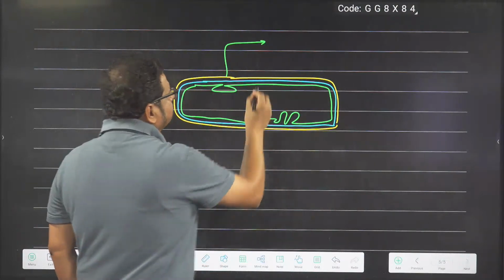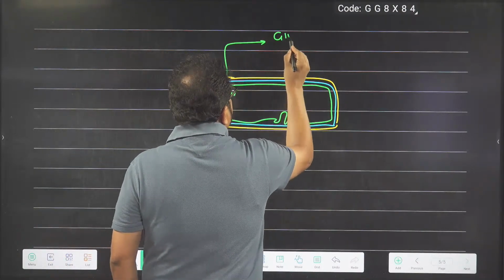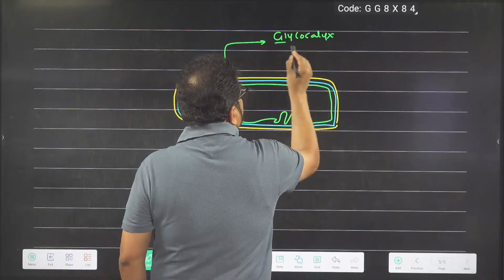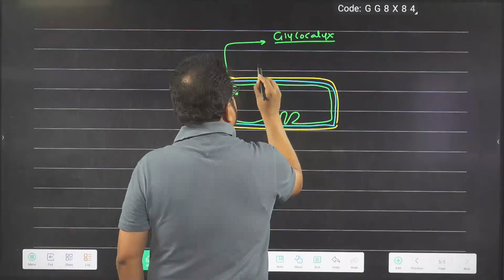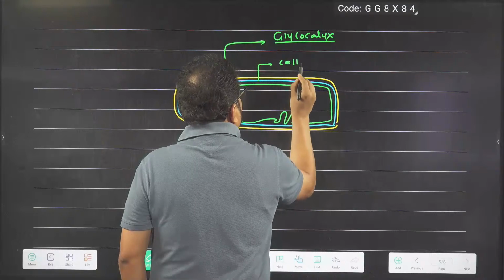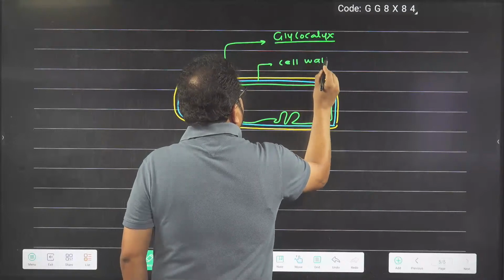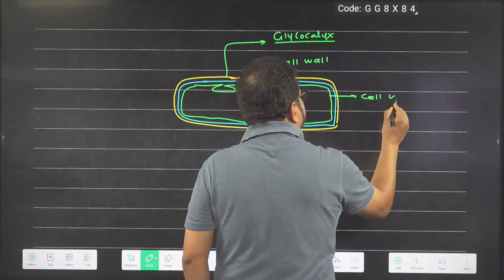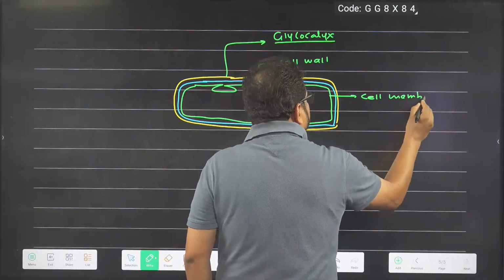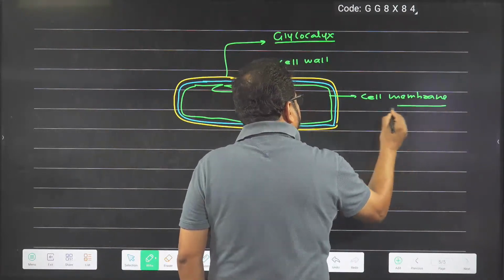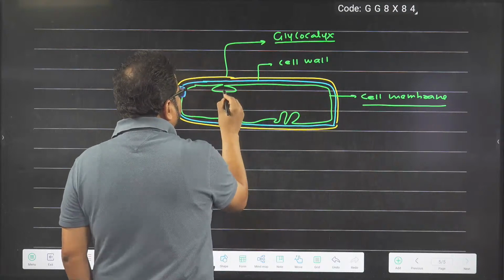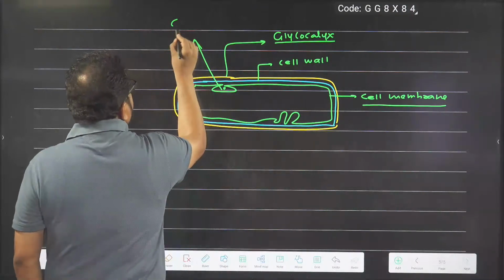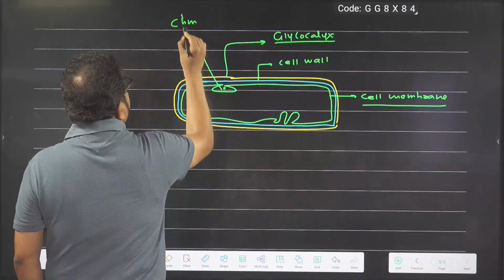What are we saying? Glycocalyx. The outermost boundary of the prokaryotic cell. Cell wall is the second boundary from outside. And third is the cell membrane. Enfolding of the cell membrane makes two types of structures. When it is trapping pigment, it is called chromatophore.